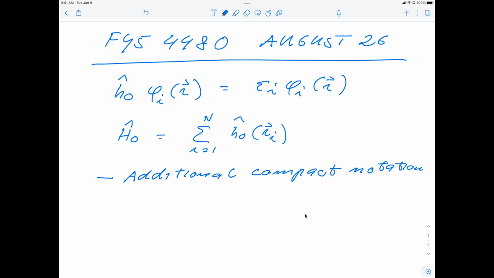So what you will see is something like a compactification of spin and the spatial degrees of freedom in terms of just one variable. So let me just find my notes here. Yeah, here we are.